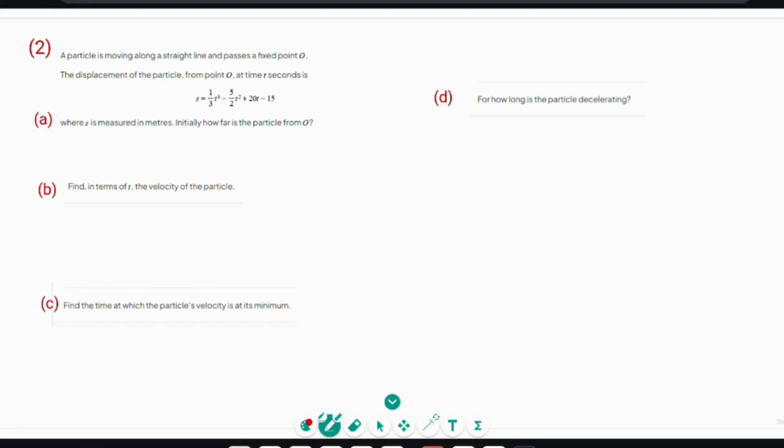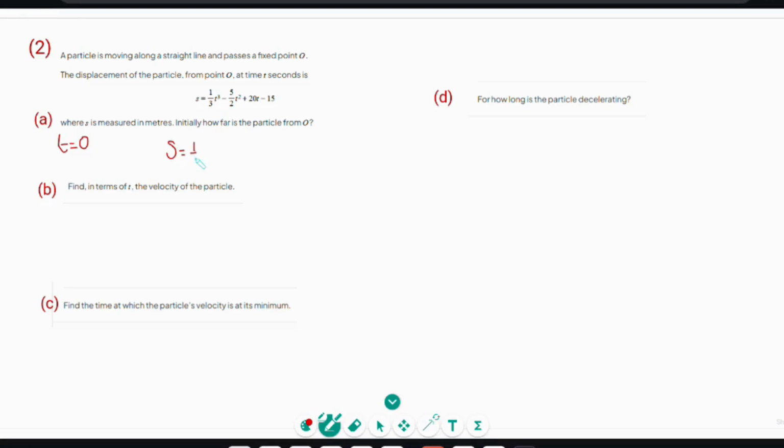Okay, question 2. A particle is moving along a straight line and passes a fixed point 0. The displacement of the particle from point 0 at time t seconds is s equals a third t cubed minus 5 over 2 t squared plus 20t minus 15, where s is measured in meters. Initially, how far is the particle from 0?